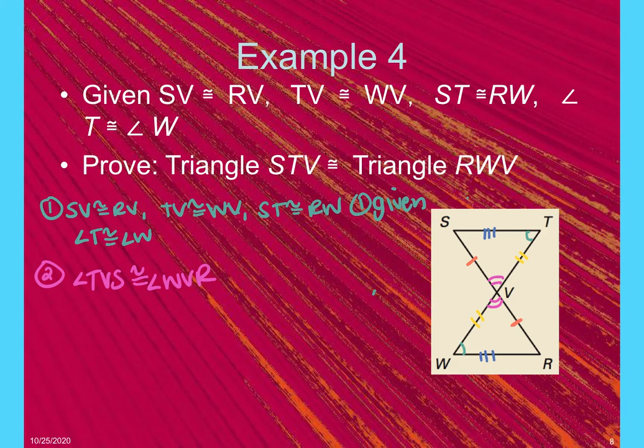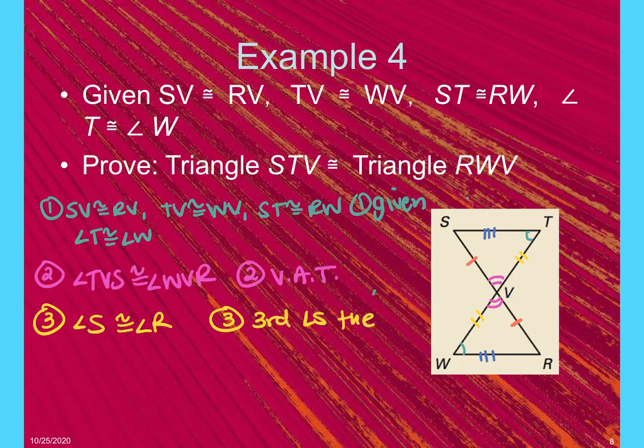And that's step 2, the vertical angles theorem. Then I can say the third angles theorem, angle TSV, or you can actually use just 1 letter that time because S is not shared. S would be congruent to R, third angles theorem.